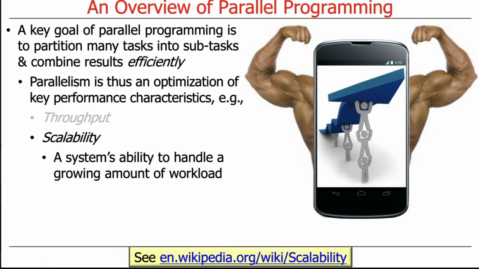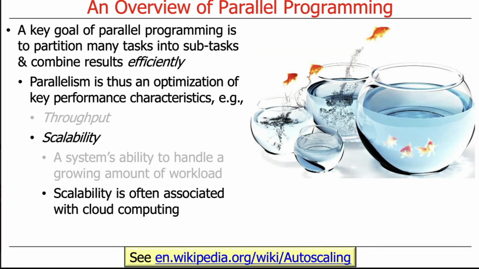Another key performance characteristic that's important in parallel programming is scalability, which is the ability of the system to handle a growing amount of workload. As the workload goes up, you'd like the system to handle it gracefully. This is particularly important with what's called auto-scaling in cloud computing environments.